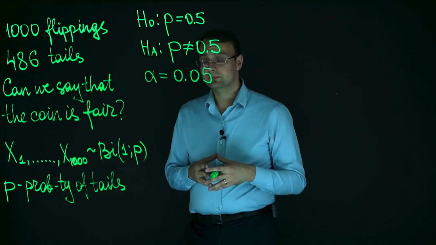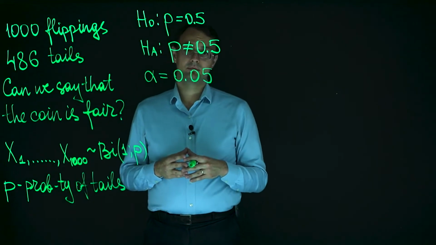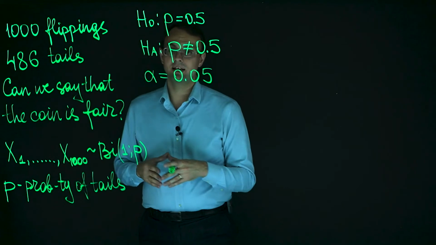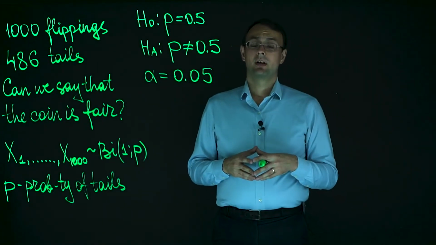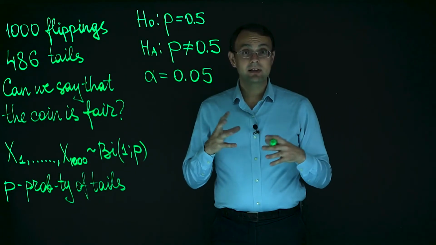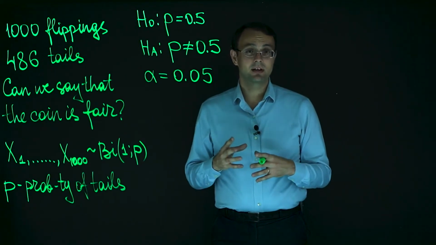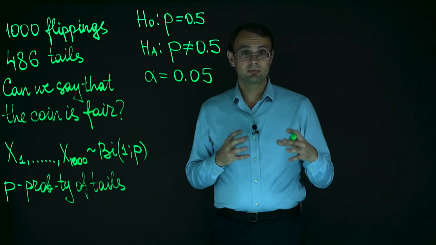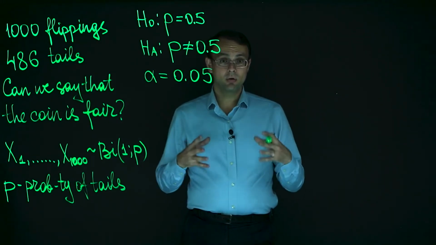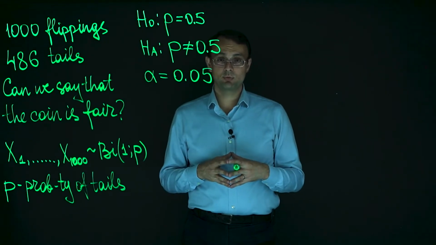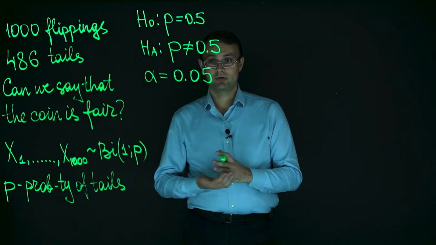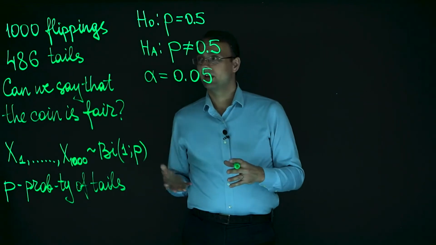So now, what about this proposition, that if the null hypothesis is true, some statistic follows some distribution? I told you that in all hypothesis testing problems, we have a theorem, a proposition of this kind. So how about this problem?